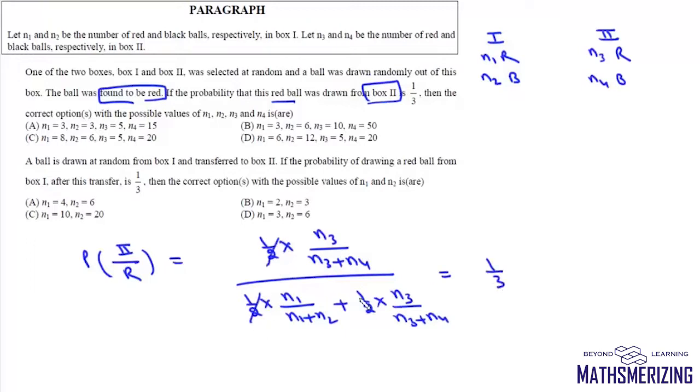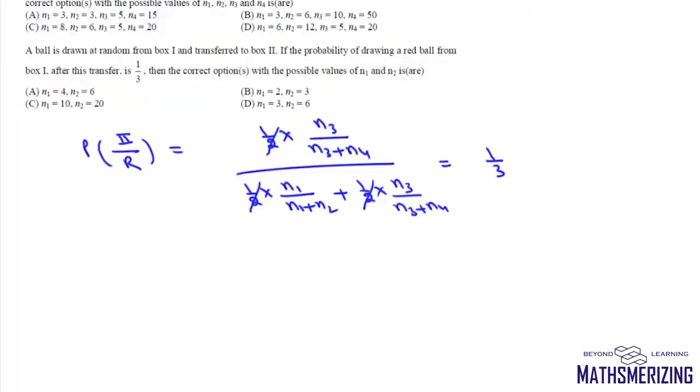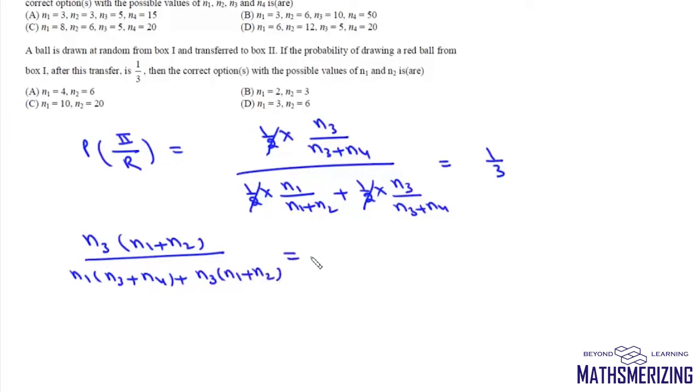Now 1 by 2 will cancel. Now we can simplify this as N3 into N1 plus N2 upon N1 into N3 plus N4 plus N3 into N1 plus N2, and this is equal to 1 by 3.